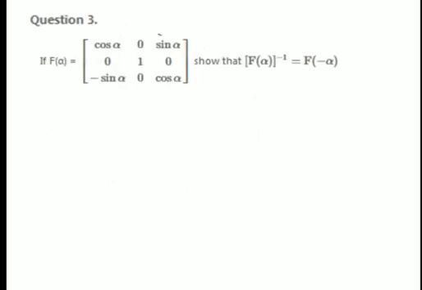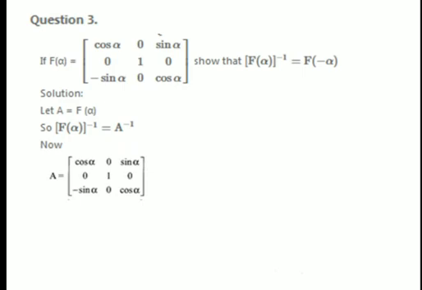Third question: if f(alpha) equals cos alpha, 0, sin alpha, 0, 1, 0, -sin alpha, 0, cos alpha, then f(alpha) inverse equals f(-alpha). Let A equal to f(alpha). So f(alpha) inverse equals A inverse.